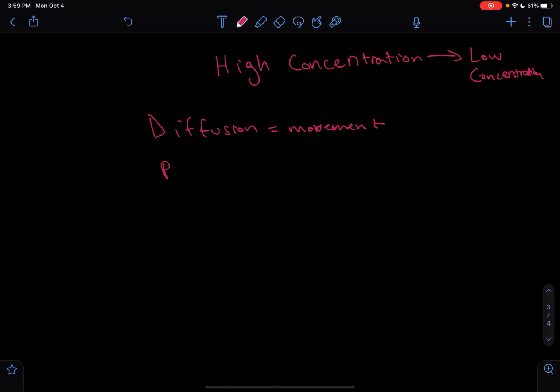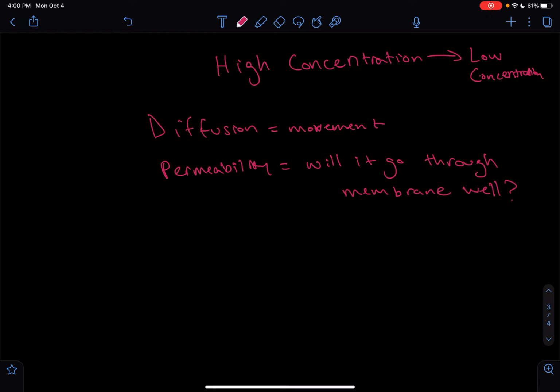And permeability is just how well it's going to go through the membrane. So will it go through the membrane well? And what do you think are the factors that affect permeability?